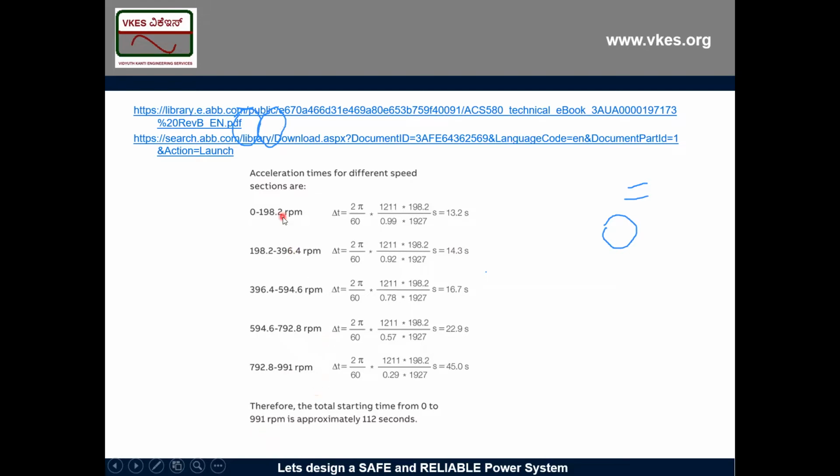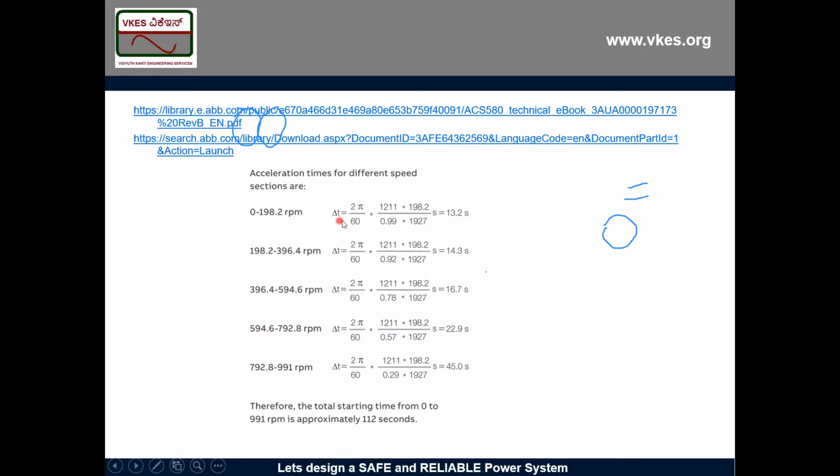Now let me divide it into 1, 2, 3, 4, 5, 5 different RPM steps. So 0 to 198 RPM, 198 to 396, 396 to 594, 594 to 792, 792 to 991. So I have divided my speed torque curve into 5 intervals. Okay.